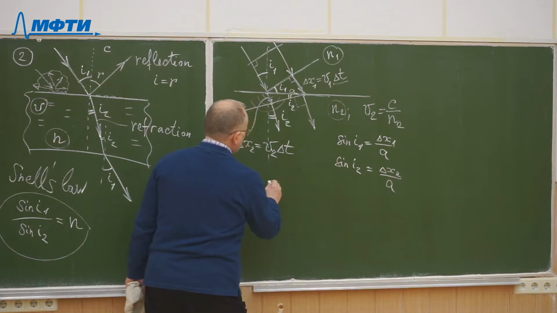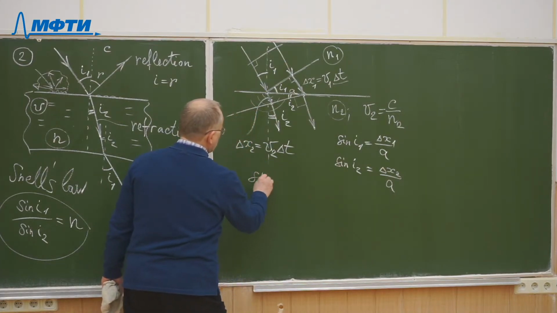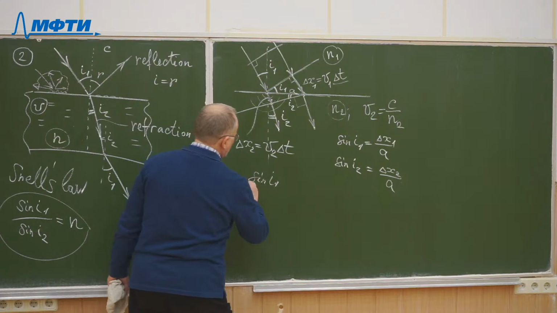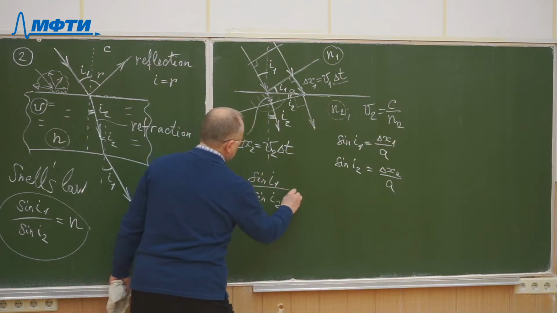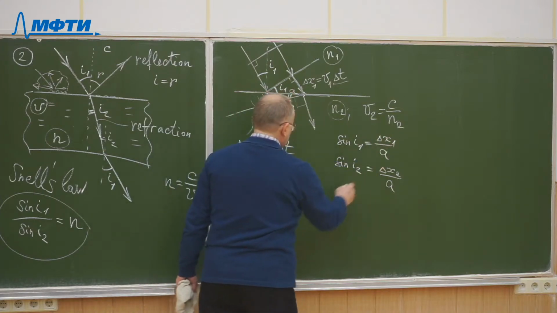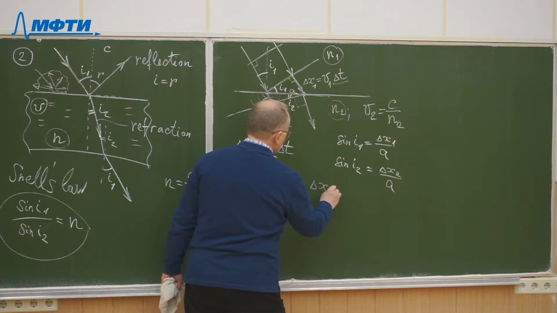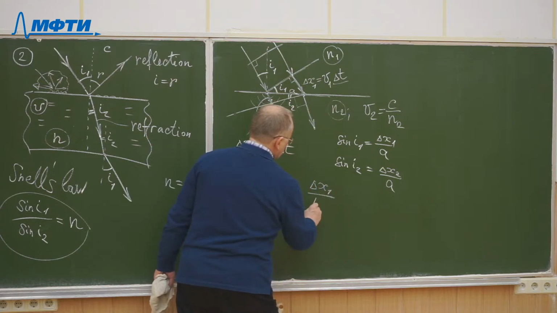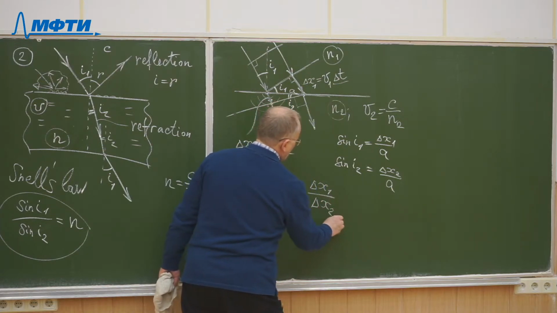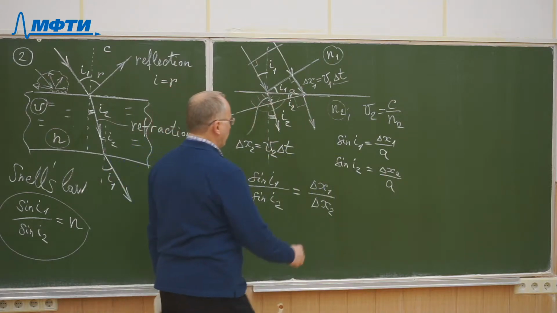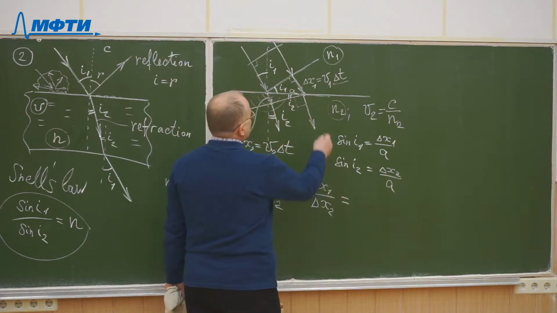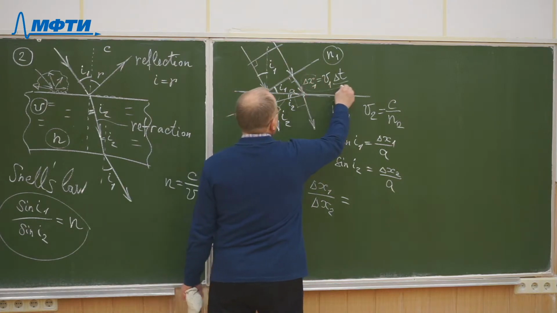If we divide one equation by another, we obtain sine of the angle of incidence divided by sine of the angle of refraction equal to delta x1 divided by delta x2, and hypotenuse A will cancel here. Now we recall what delta x1 and delta x2 are.